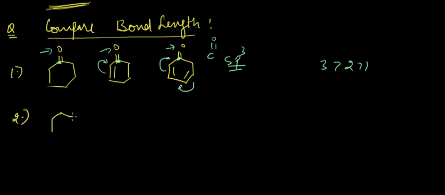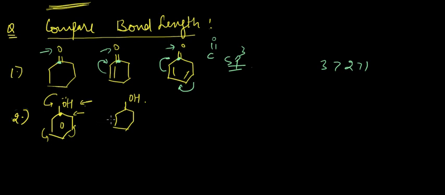now let us compare between this. This is the first compound and this is the second compound. Okay, so now as you can see, oxygen, because of the presence of a lone pair on itself, will actually involve itself in the resonance, thereby creating a double bond character between this carbon atom and this oxygen atom.